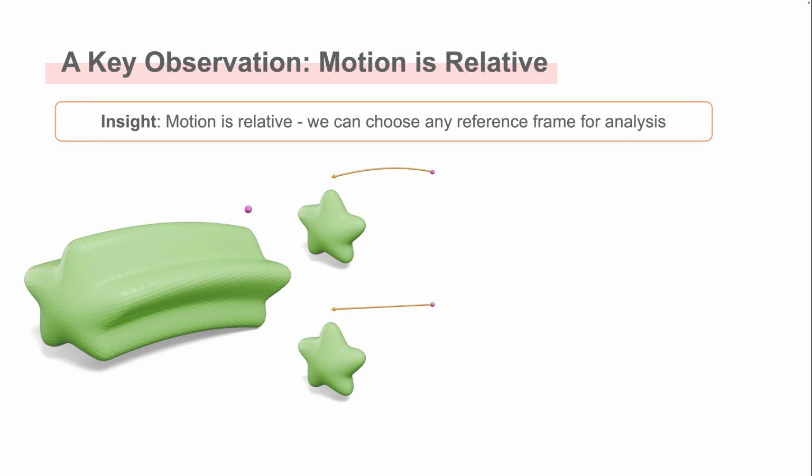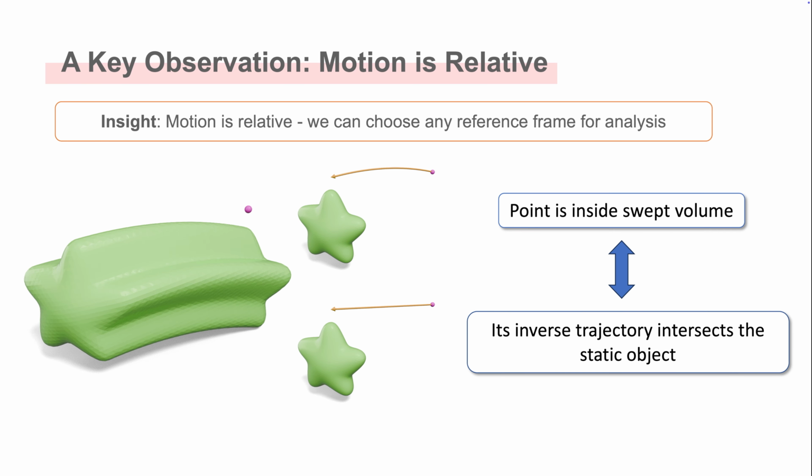Here's the crucial insight. A point is inside the swept volume if and only if its inverse trajectory intersects the static object. This gives us an exact equivalence. We've transformed the problem of tracking a complex moving object into the simpler problem of analyzing individual point trajectories. This perspective shift is the foundation of our entire approach.